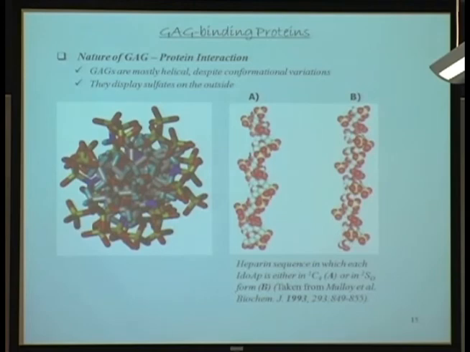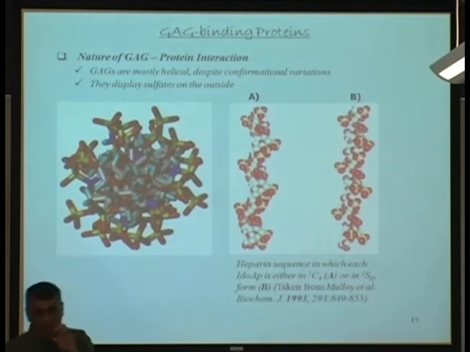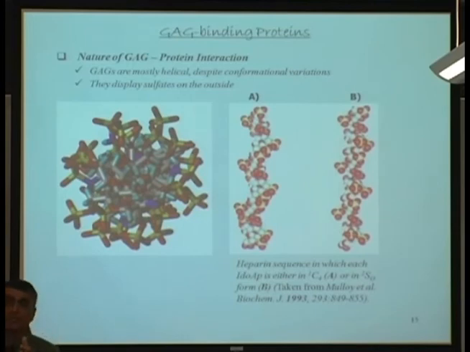No matter what, you have 1C4. But if you calculate the distances between corresponding residues, there are small changes at a micro level, and that may generate interaction characteristics such as specificity, affinity, whatever the phenomenon is.